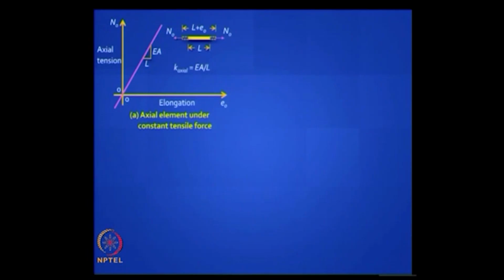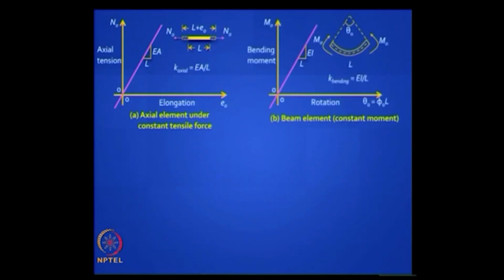So very quickly, if you have a force, axial force, the corresponding displacement deformation parameter is elongation. You are familiar with the straight line behavior. This is what you get in a truss member. In a beam, let us say a beam subjected to constant bending, the radius of curvature is constant, so the angle subtended is theta naught, so theta naught is curvature into L, and so the conjugate of bending moment is rotation, and the slope of that line is EI by L. So EI by L is a measure of flexural stiffness.